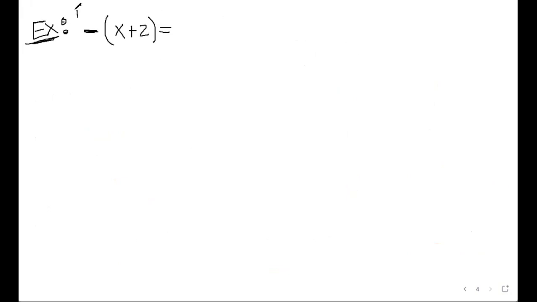This is the first question. The second question is minus x plus y minus z. What is the answer? I give you 2 minutes to think about it, and we will do it together.